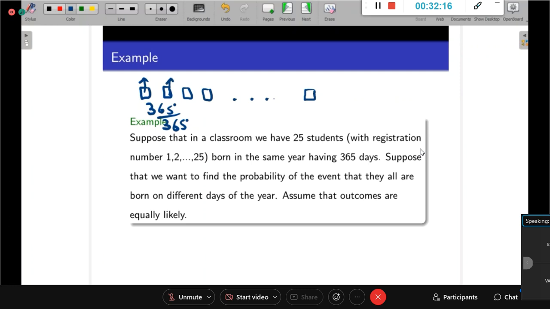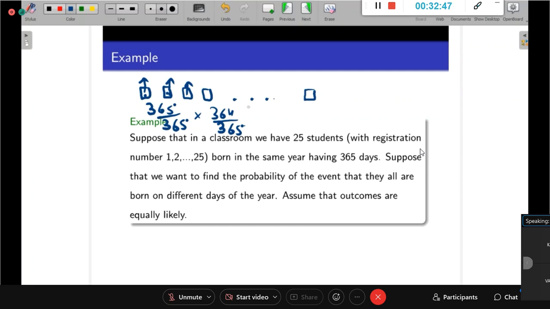Now, the second one has how many choices? 364. He cannot be born on the same day. So you have 364 divided by 365. Favorable are 364 and all possible outcomes are 365. Similarly, for the third, he or she cannot be born on either of this day and that day.